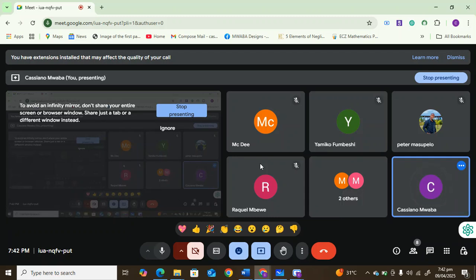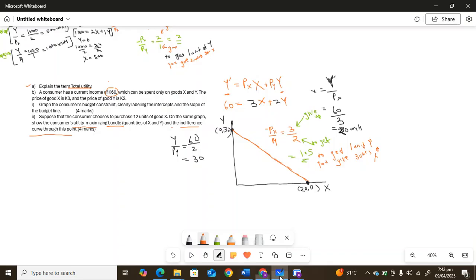So an indifference curve, as I will illustrate, shows different combinations of good X and good Y that you can obtain while you maintain the same level of satisfaction, because each indifference curve has a different level of satisfaction.